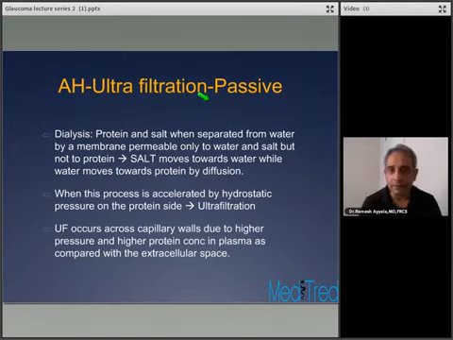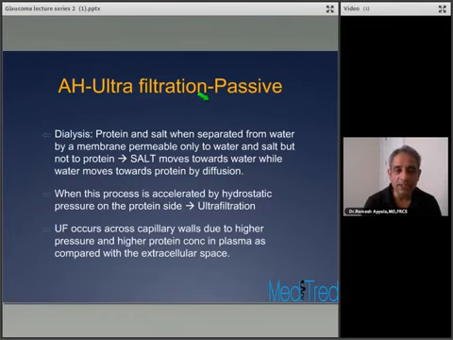Most of you are familiar with the concept of dialysis, right? What is it? If you have a membrane that separates, on one side, protein and salt from water, and the membrane is permeable only to salt and water, but not to protein, what will happen is that the salt moves towards water while water moves towards protein by diffusion.